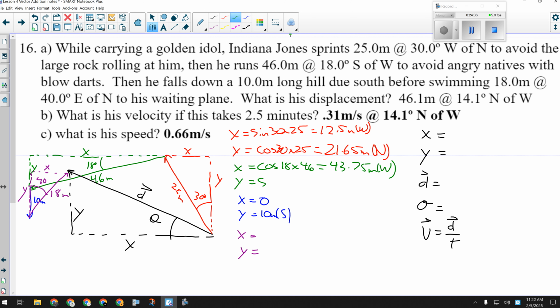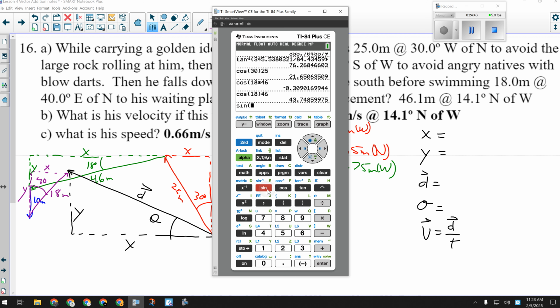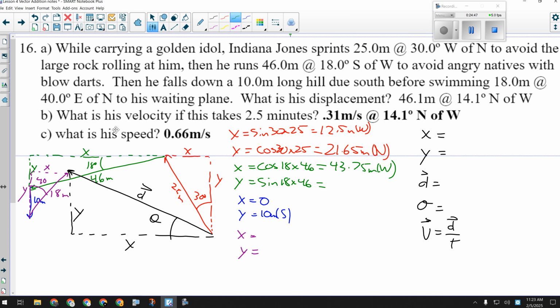And then for our y, it's the opposite side, so sine of 18 times 46 is 14.21 meters south. And then we already have blue x and blue y because it's due south, so x is 0 and y is 10 meters south, just because it goes straight and it has no triangle.